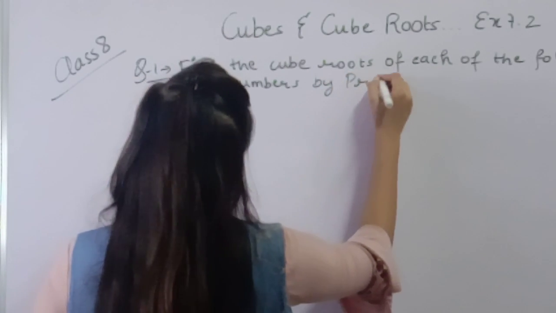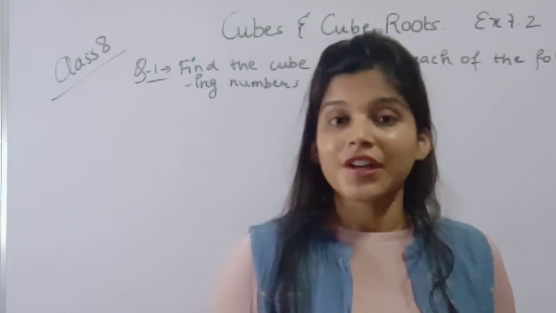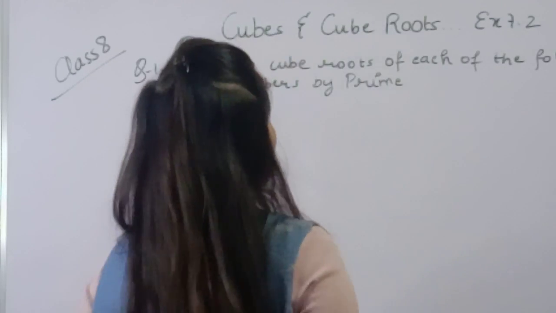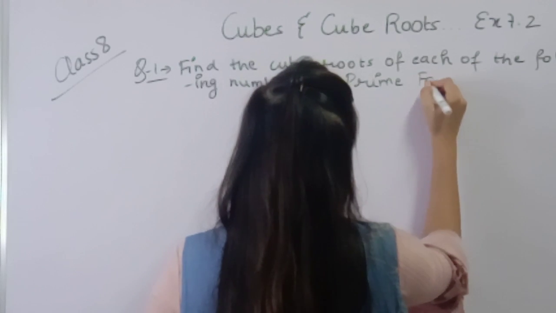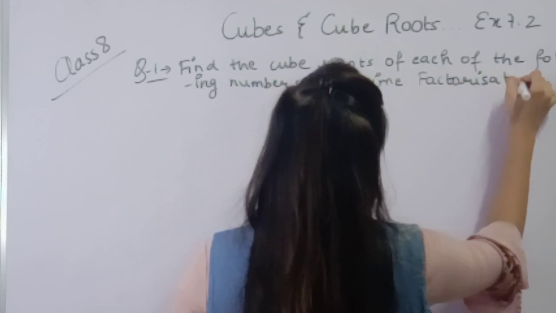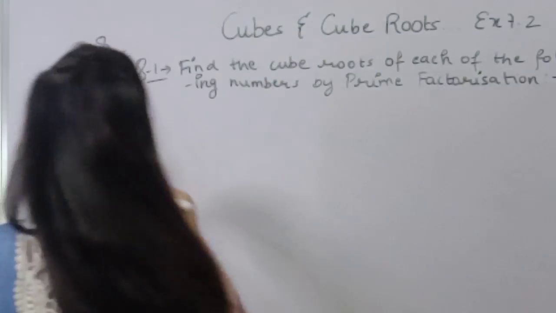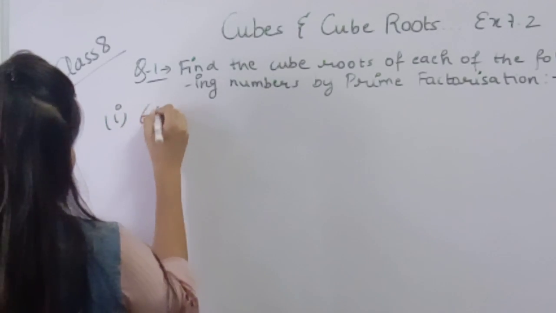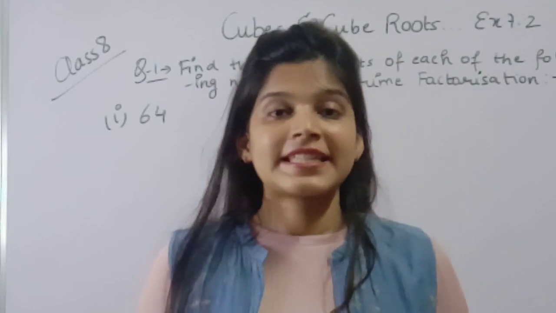We have also done this type of question in our introduction video. हमें cube root निकालना है each of the following numbers का by prime factorization. So our first part is 64. We have to find the cube root of 64.